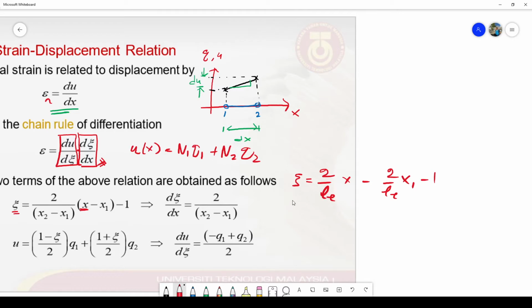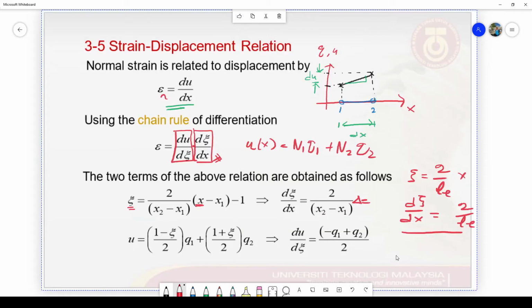If we differentiate dz by dx, then we will get 2 over le. This will be 0 and this will be 0 as well. So this is what we get, and this is equal to the one that we have here.